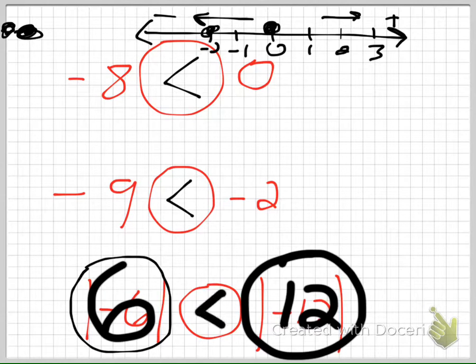This one, right? Because this side's equal to 12, and this side's equal to 6. 12 is bigger than 6. So whenever you see absolute value, you need to write down or in your head decide what that thing is actually equal to. I would write it down if I was doing my homework.